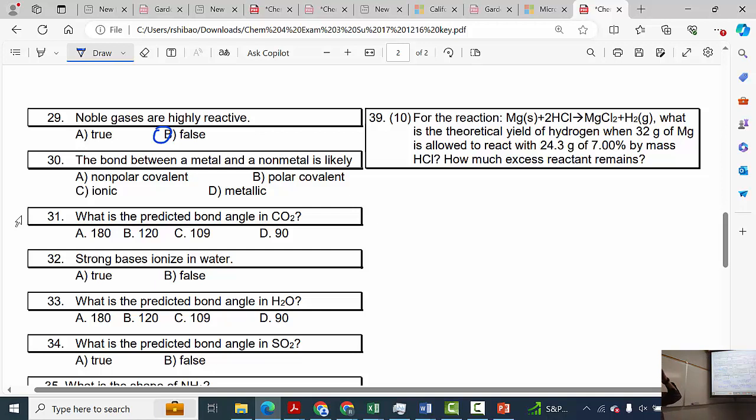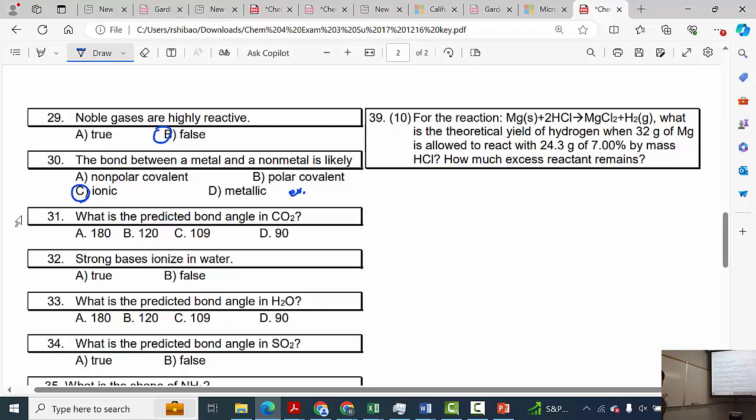Charge on the alkaline earth... Noble gases are highly reactive. False. The bond between a metal, like sodium, and a nonmetal, like chlorine, is most likely ionic.